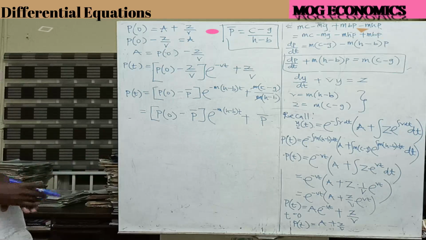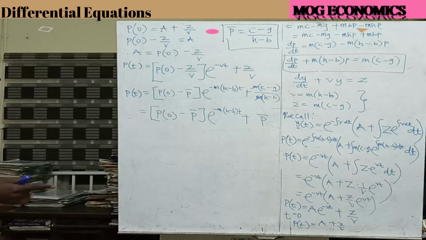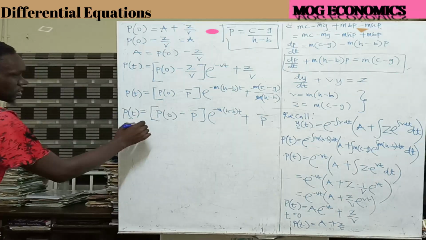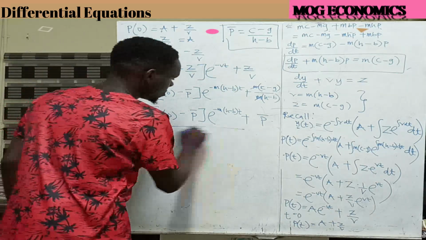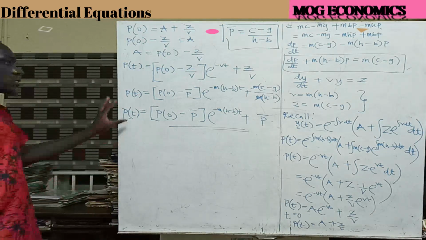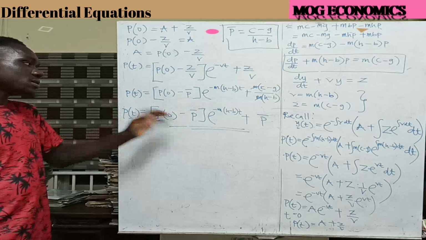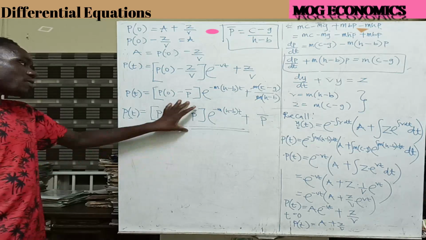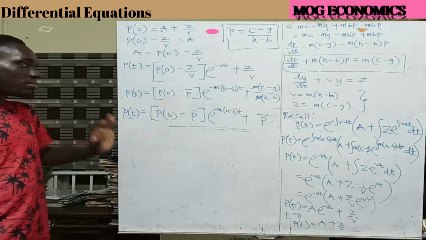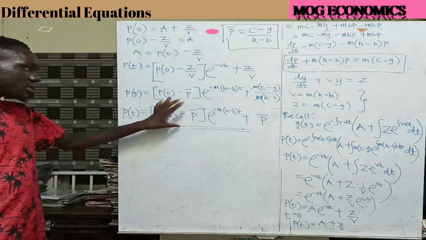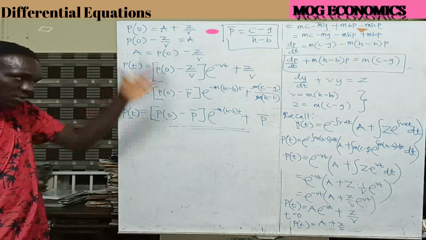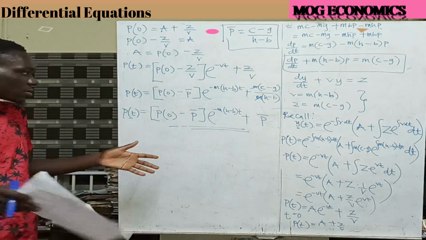So the stability condition again is that the result is this. So this now is the result of our differential equation for the market equilibrium. So this just is a representation, an approximation of that market condition, that solution.